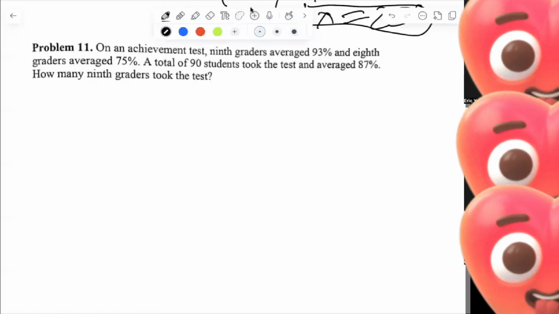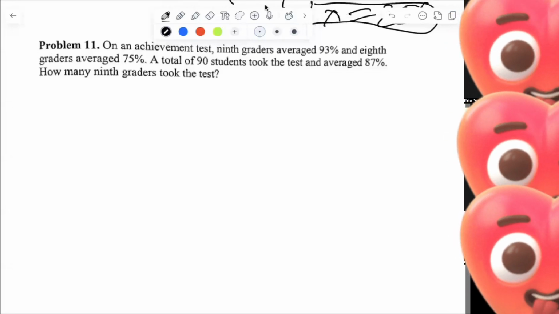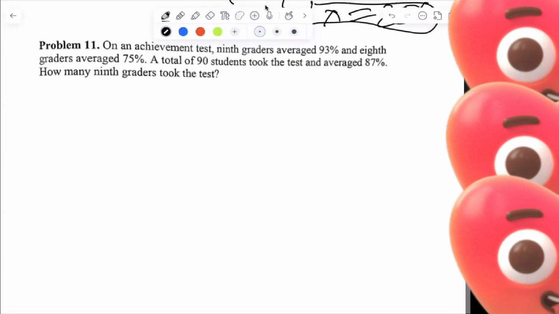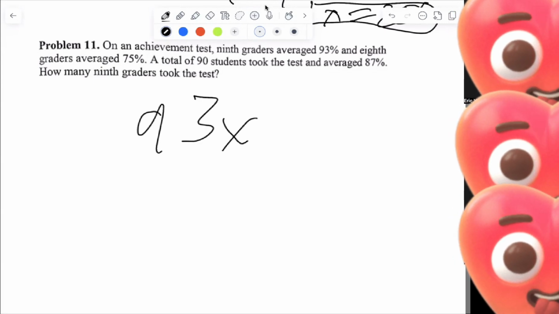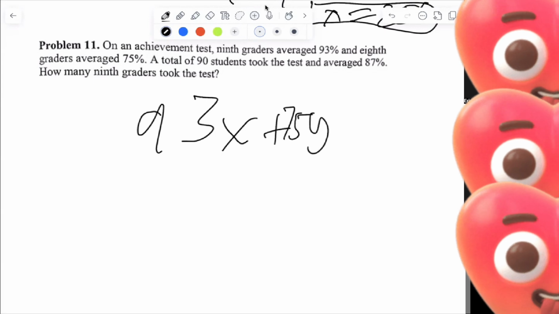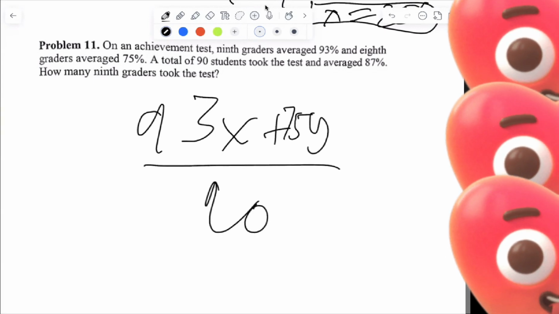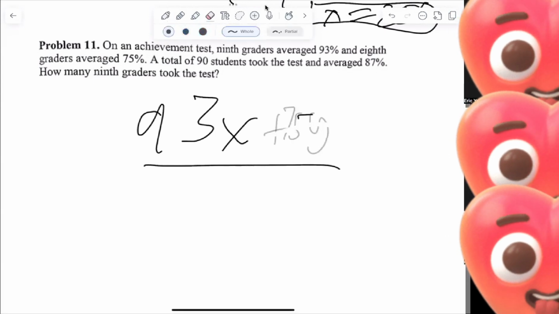Let's get started. So basically, how are we supposed to do this question? Well, let X be the number of ninth graders and Y be the number of eighth graders, and we get the weighted total divided by 90 is equal to 87. This is the system of equations.